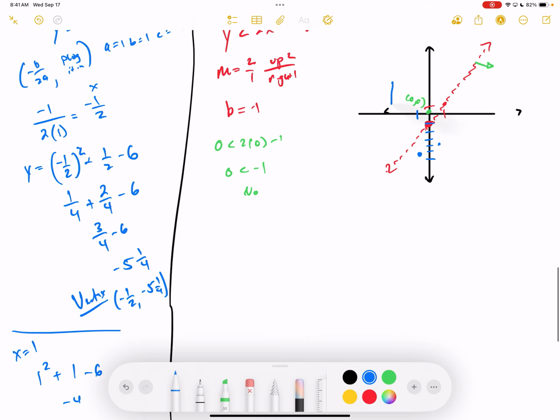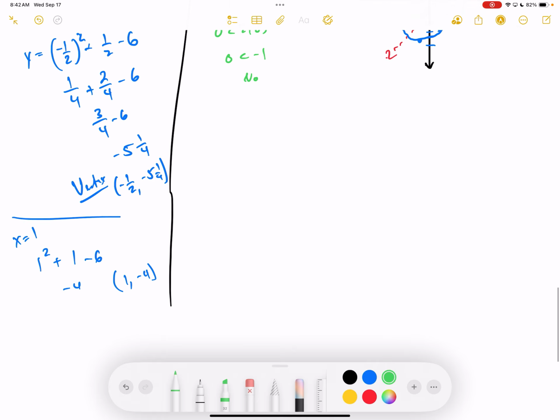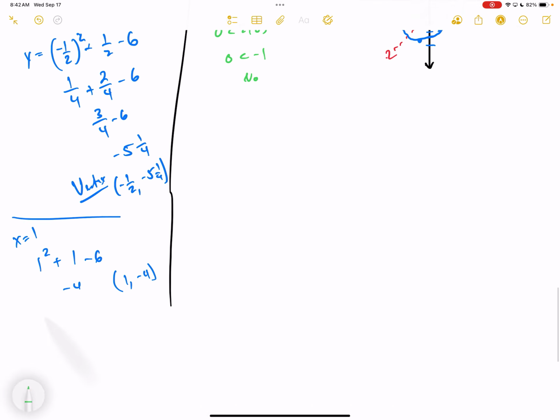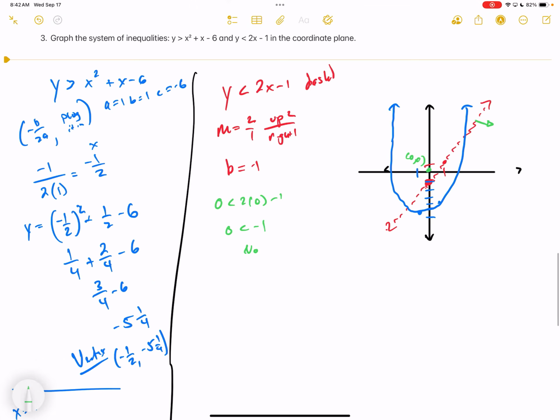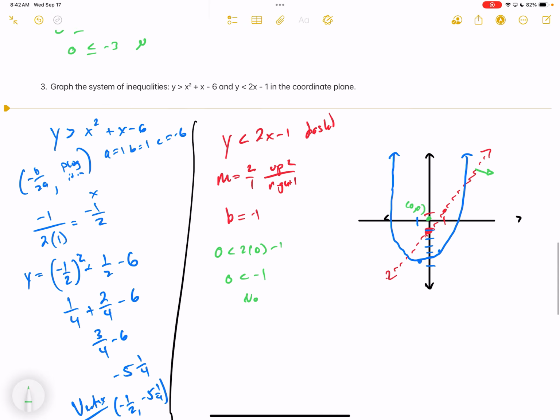So my parabola looks something like that. Oh, we got to shade though, right? So when I shade this one, we can plug in 0, 0. 0 squared plus 0, what was it? It was greater than. Is 0 greater than negative 6? That's yes, so I will shade towards 0, 0.